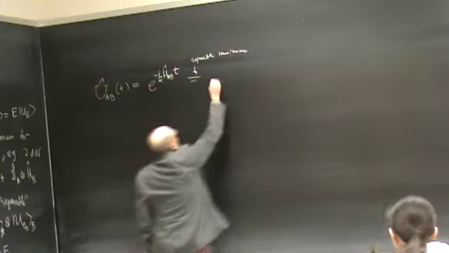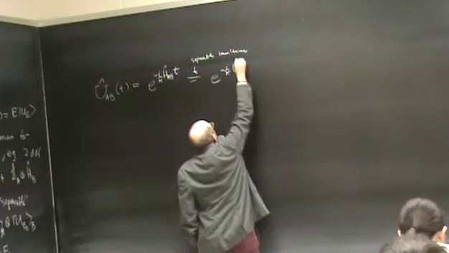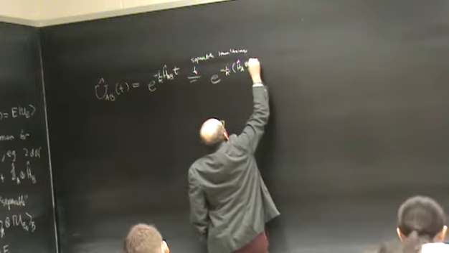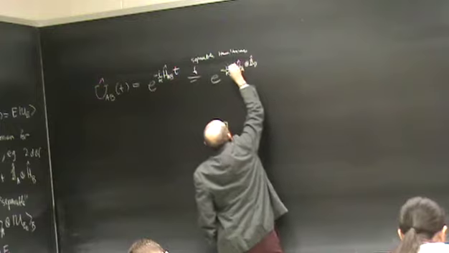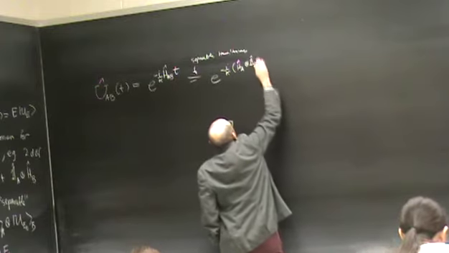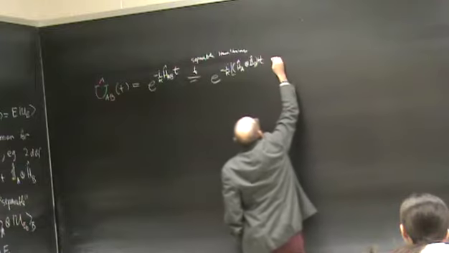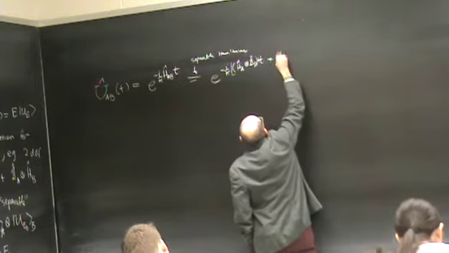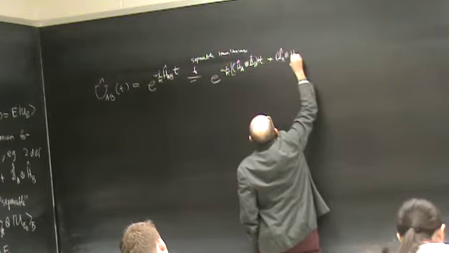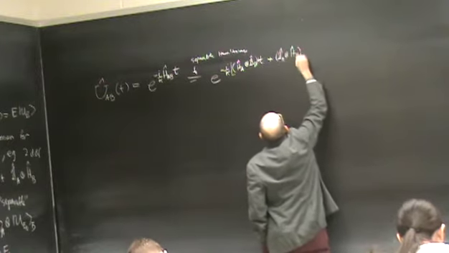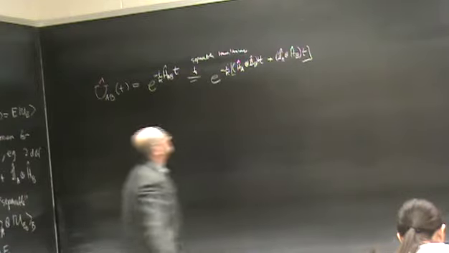Then I can write this as a Hamiltonian acting on degree of freedom A, and I'm just going to write it out in its full pedantic glory, times t plus the Hamiltonian on B.